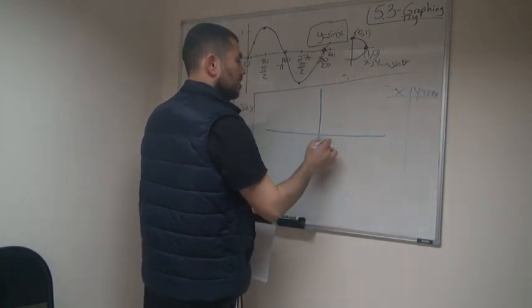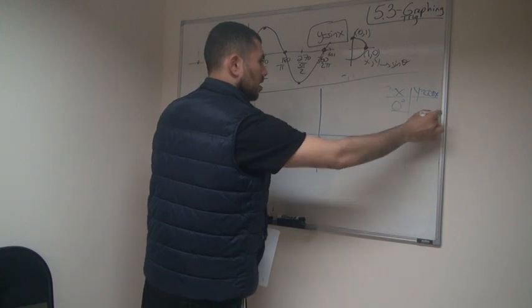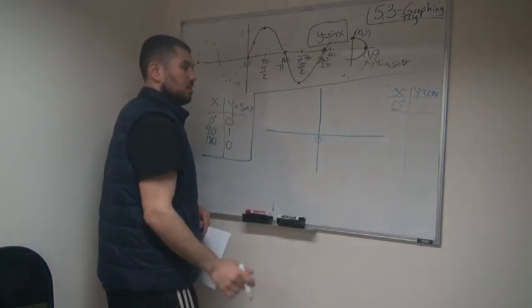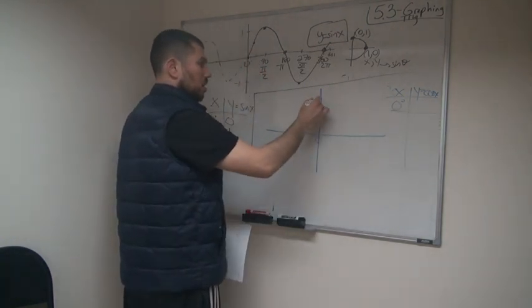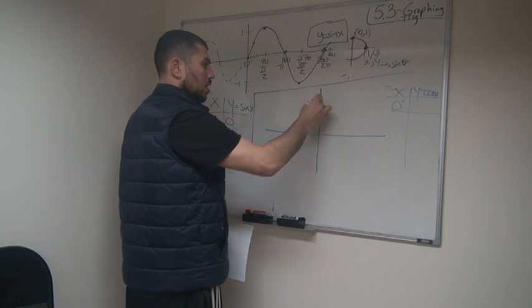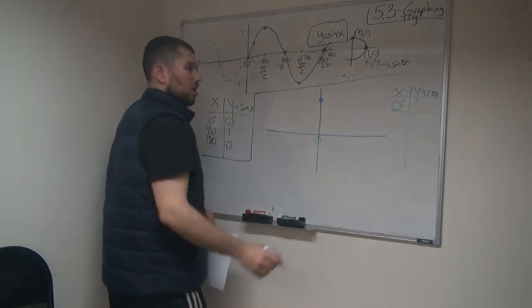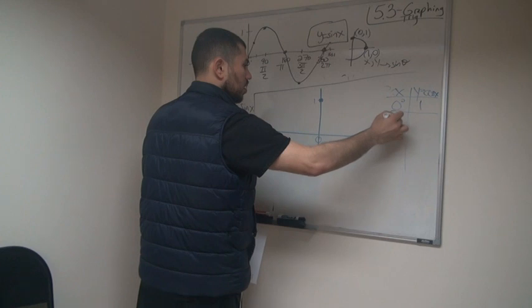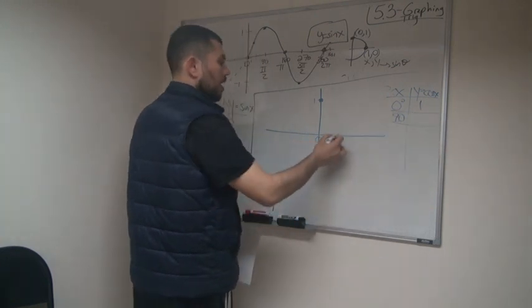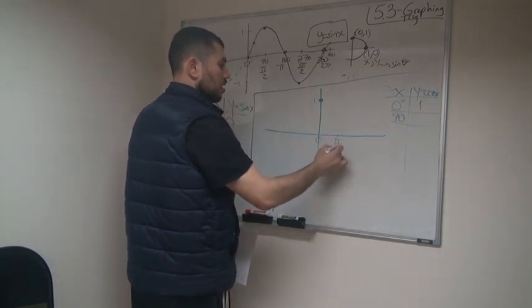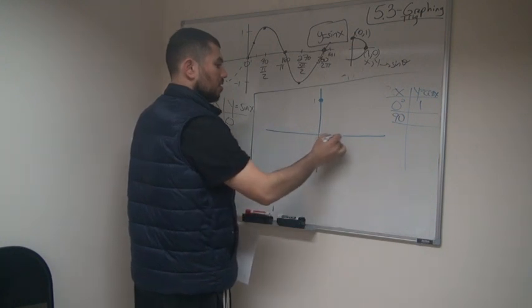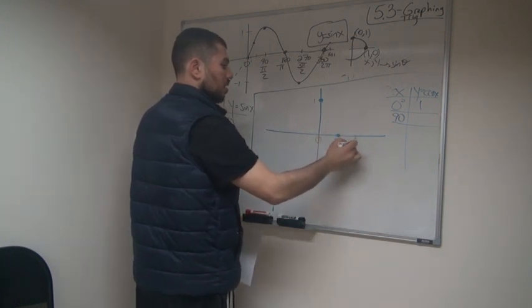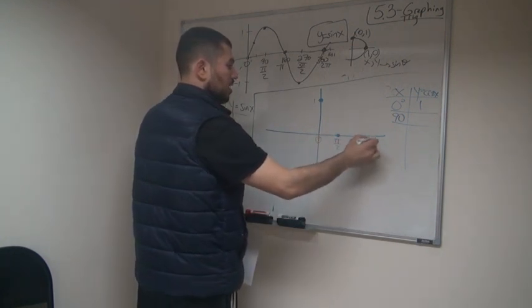Now if my input is 0 degrees, the cosine of 0 degrees is a 1. What's the cosine of 90 degrees, or pi over 2 radians? Well, that's a 0. Pi, or 180.